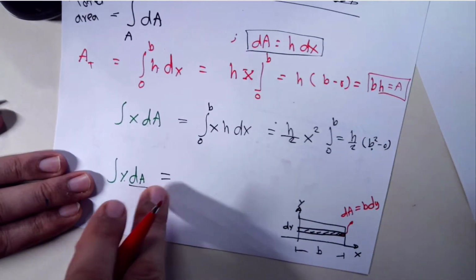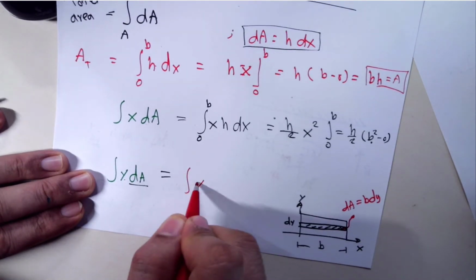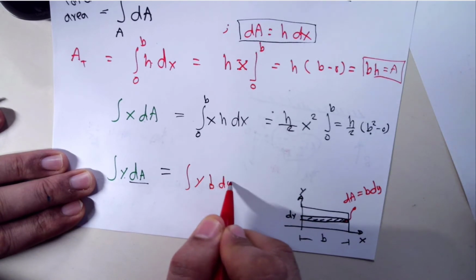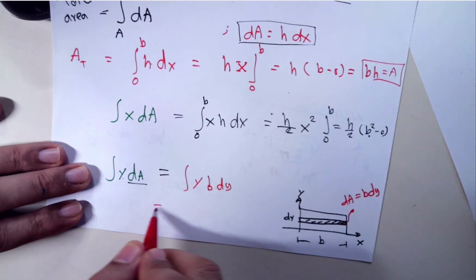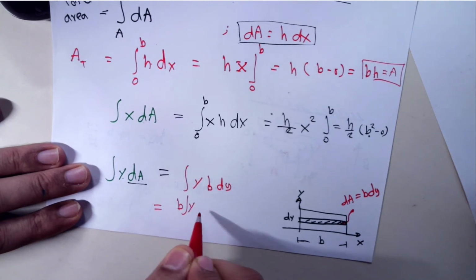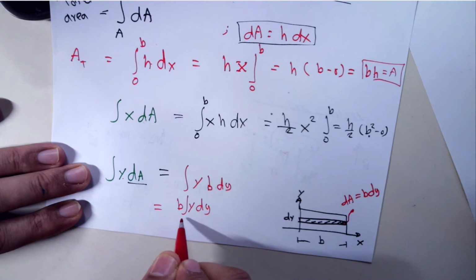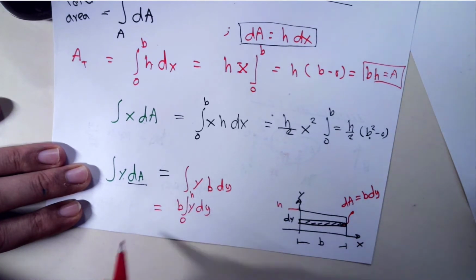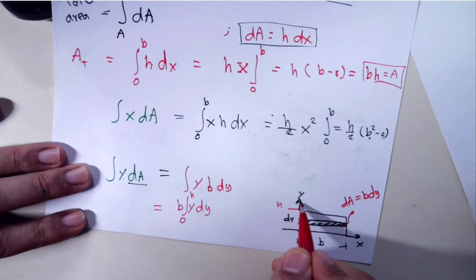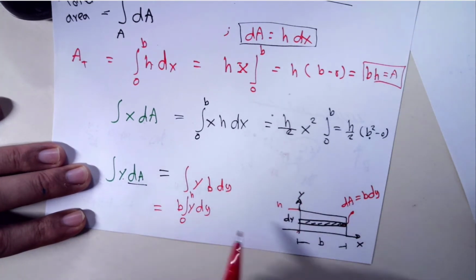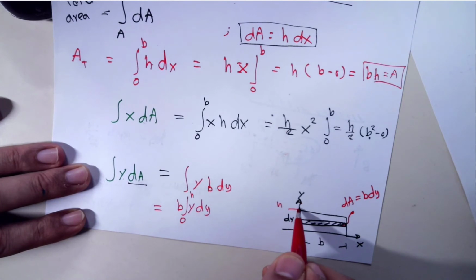So therefore over here I have y dA, which is y b dy. So simply this becomes b integration of y dy, and the limit is from 0 to h, because I'm integrating with respect to y, and my y is this axis, so it's from 0 to h.